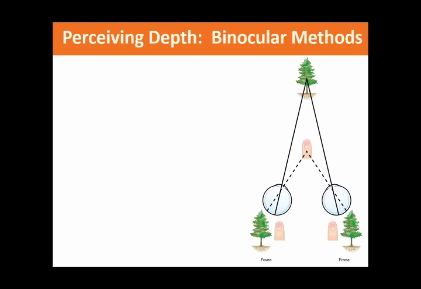Now, how do they perceive depth? Well, one way, or for sure all of us adults have binocular methods for perceiving depth. Our eyeballs are on the front of our face, pointed in the same direction as each other, just like other predators' eyeballs are.